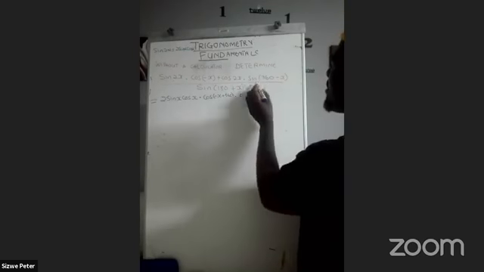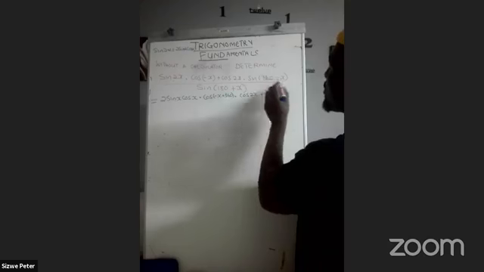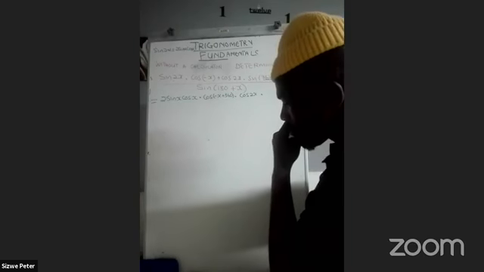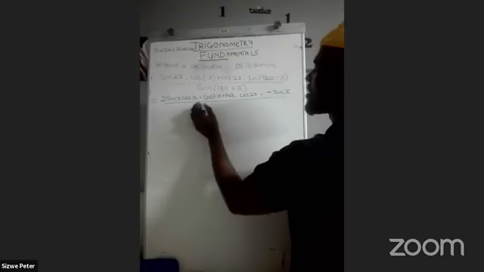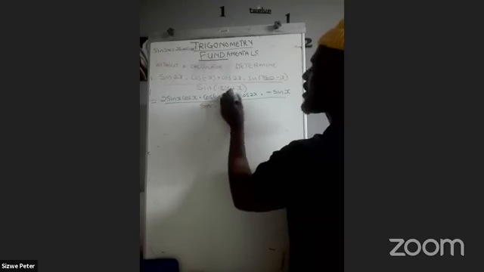Now, times by... which quadrant is this one? Quadrant 4, I think. How is sine in the fourth quadrant? It's negative. Divide. How is sine in the third quadrant?